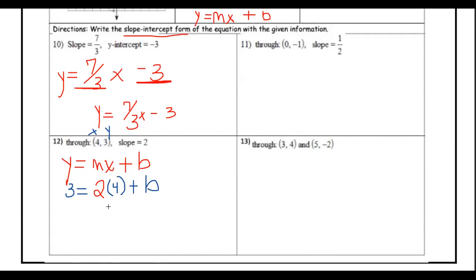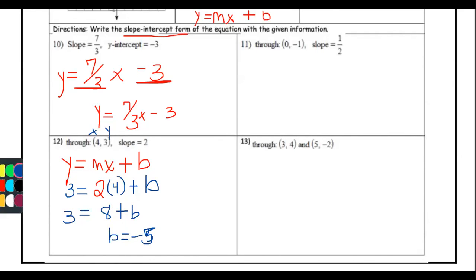So 2 times 4 is 8. Still have a 3 over there. We want to solve this for b. 3 minus 8 is negative 5. Okay. So b is negative 5. Now I have all that I need. I have the slope, I have the y-intercept.